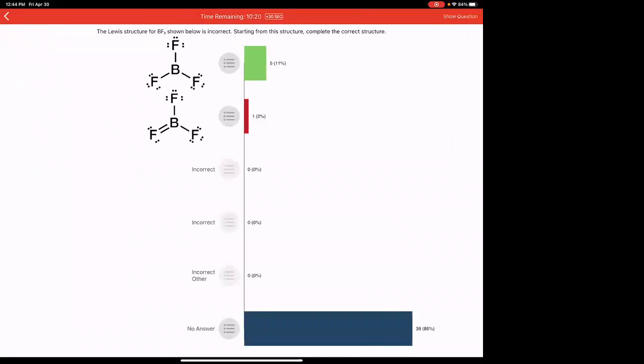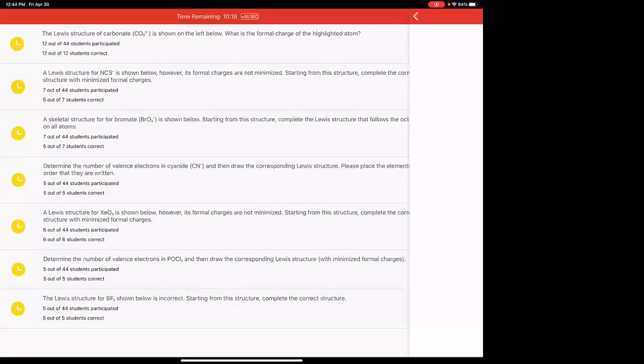Oh, there's an incomplete octet. I think that BF3 one, I think we did in class last time.